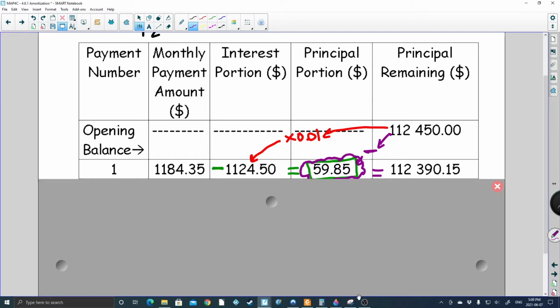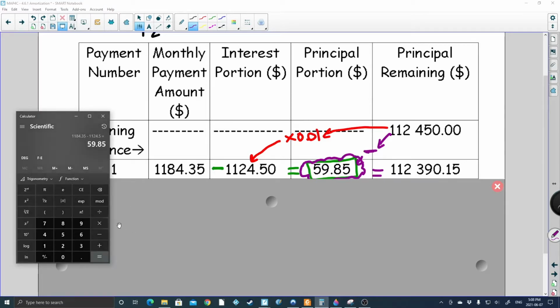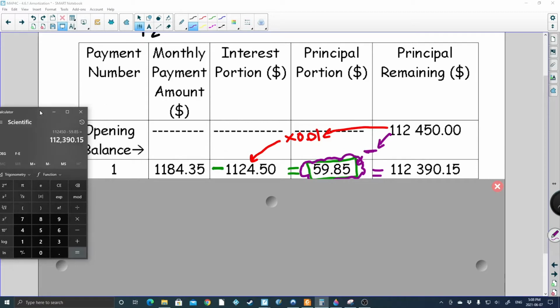So I've paid $59.85 off of my principal, which is $112,450, minus the $59.85, and that gives me the $112,390.15. Sorry.